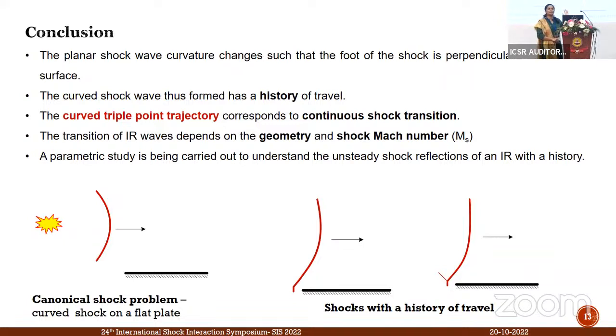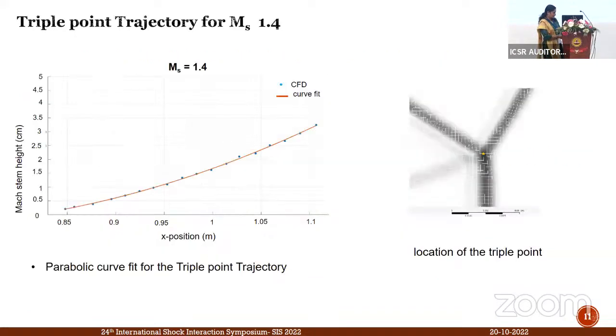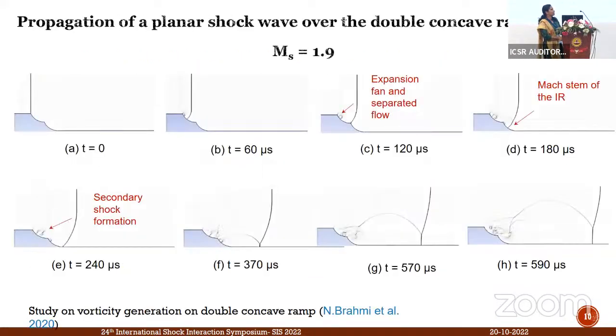Actually, we have a completely unsteady flow behind the planar shock wave. The reason is, if the planar shock wave is initially moving here, it changes its curvature, but it is creating a flow downstream, which can be found out using the Galilean coordinate transformation.